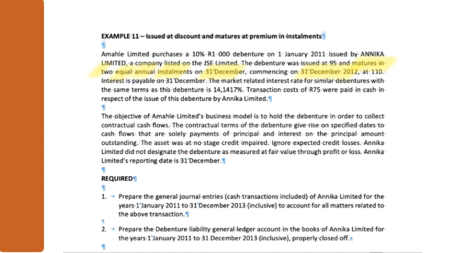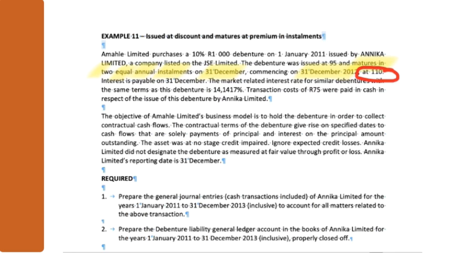It matures at 110. What does that mean? 110% of nominal value. That is more than nominal value. That means it matures at a premium.